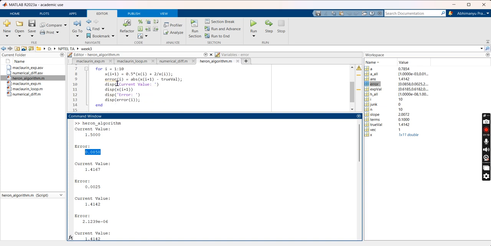After the second iteration my current value is 1.416, and my error is this.